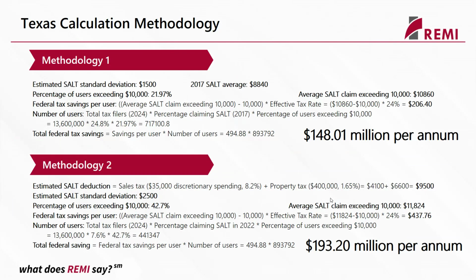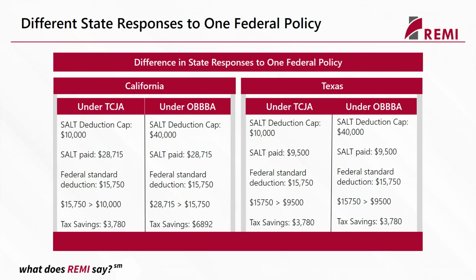In a normal distribution, we get 42.7% of users exceeding 10,000 and the average SALT claim of $11,824. Multiplying all together, we arrive at $193.2 million of savings annually, giving us a range of $148.01 to $193.2 million per annum. Now, Shreya will explain the different state responses to the One Big Beautiful Bill Act.